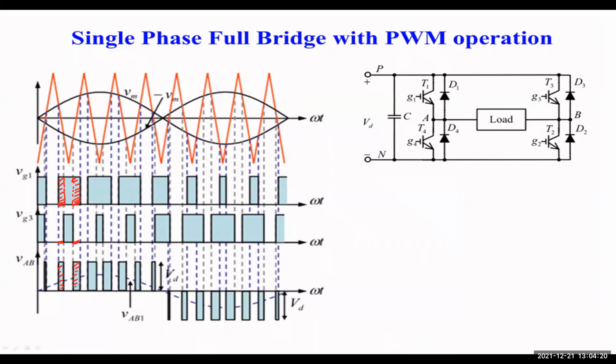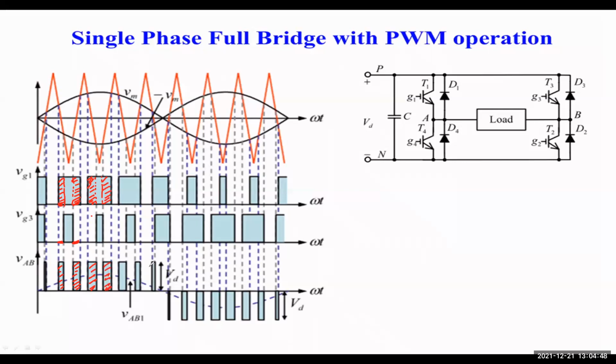In a similar way here also, VG3 is absent and VG1 is present. That's why we will get this type of voltage across the load. Up to here VG3 is absent, only VG1 is present, so only this signal is present here.